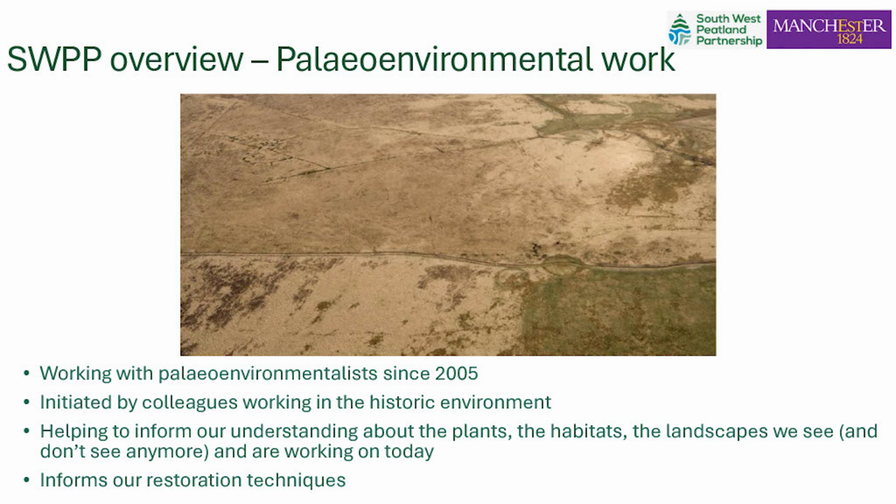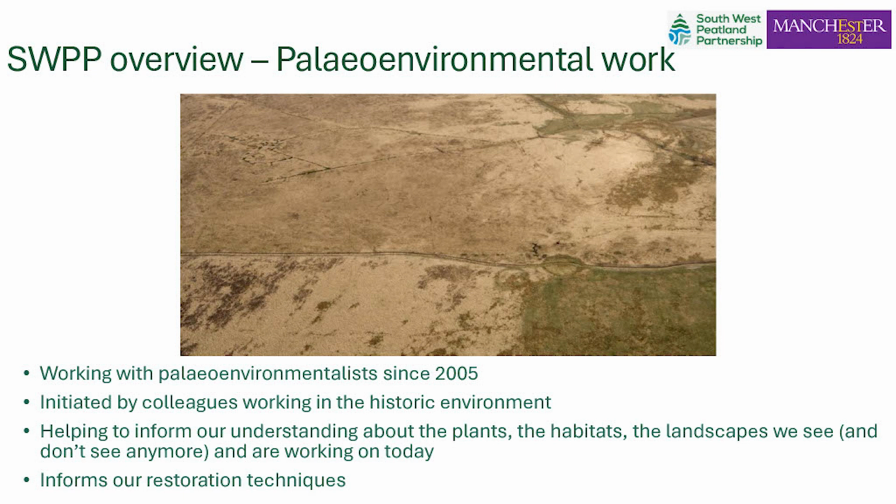And the palaeoenvironmental research that we've been doing has enabled us to understand some of those landscapes. So we can see that in certain areas there used to be trees in the landscape. From looking at charcoal, we've been able to understand a little bit about our heather moorlands, and particularly in the southwest we have an issue of Molinia. Our peatlands are dominated by Molinia, purple moorgrass.